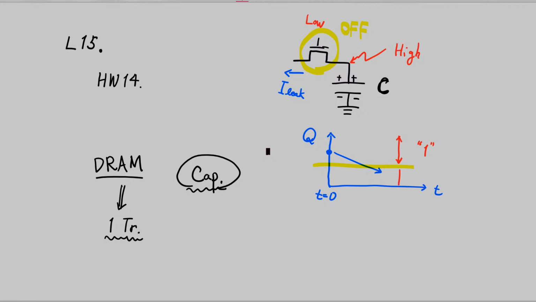And if we have the charge below a certain level, then we'll call it logical 0. So simply speaking, this reduction of stored charge corresponds to becoming weaker, more weak in terms of data reliability.